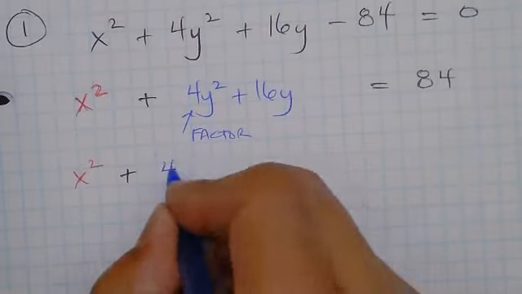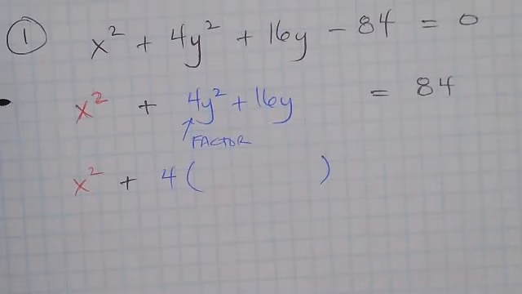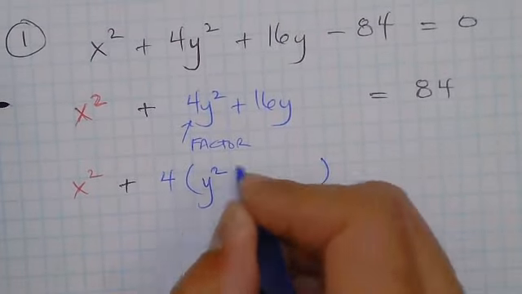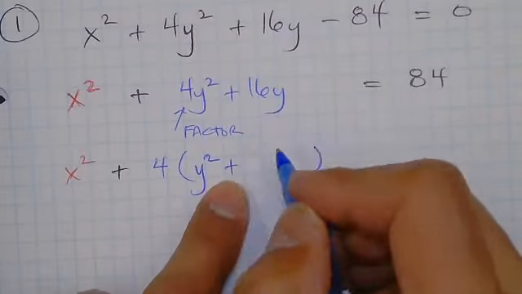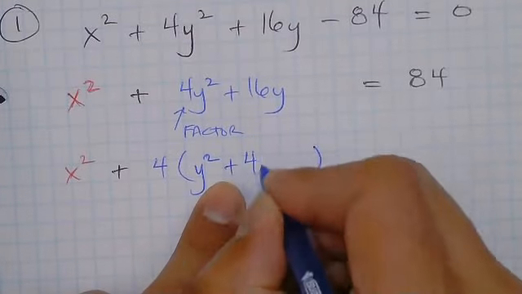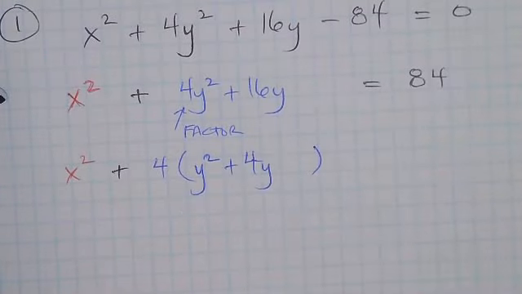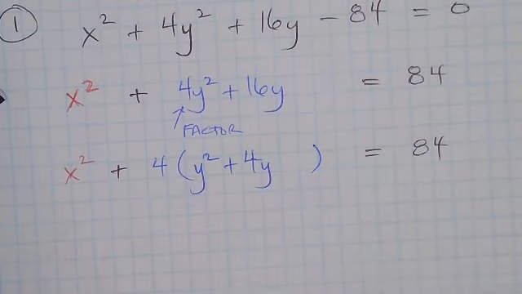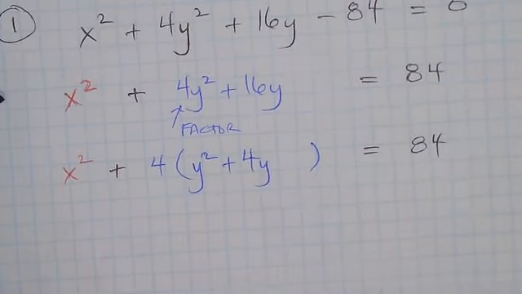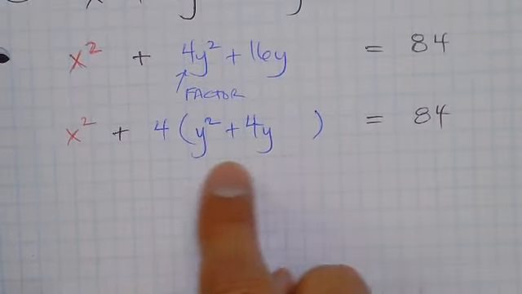Plus, when I factor out this 4, what's going to be left? y squared plus, you better not say 16, y squared plus 4y, right? We've done this before. Equals 84. We did this with circles. And then what do we have to do?